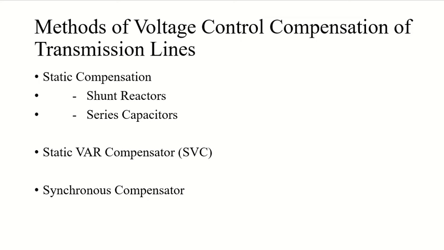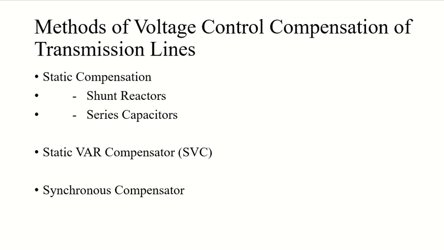Then the second we have the shunt reactor. What happens in the case of the shunt reactor? We use shunt reactors to absorb the lagging VARs generated by the line during the light load conditions. The reactors which we use are mostly coreless type, or gapped core types. The coreless reactors are used for large ratings and voltages.